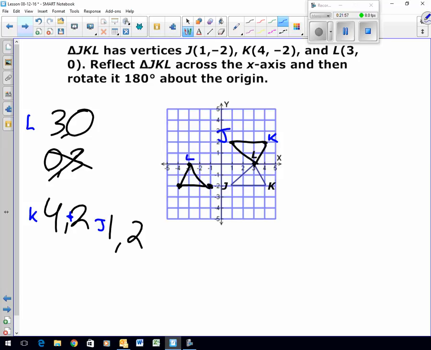L, this is K, J, yep. As a matter of fact, it's one of the things that we're going to see, okay? Reflection, or reflection followed by rotation, I don't know if it's just this particular triangle or not, but oftentimes there's more than one way to skin a cat to your transformation.